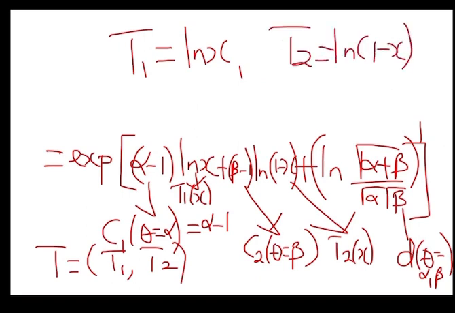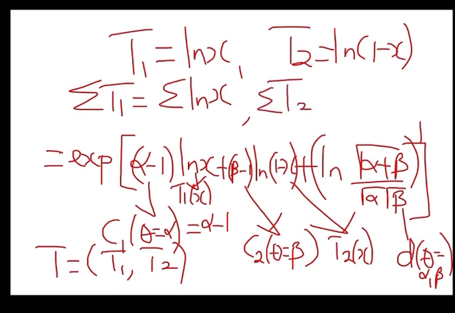So the sufficient statistic is going to be the summation of T1, which is the summation of ln x, and the other one, the summation of T2, which is the summation of ln of 1 minus x. Those are my sufficient statistics. That is how we do it.